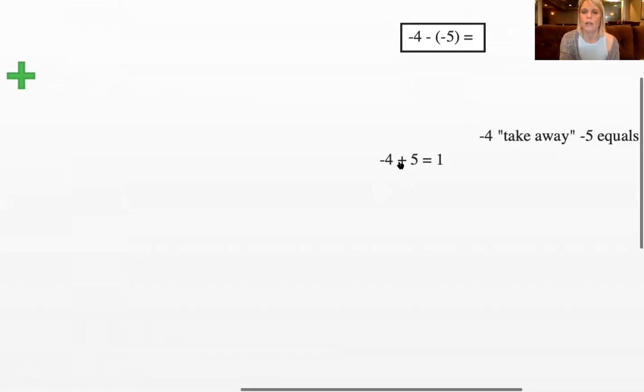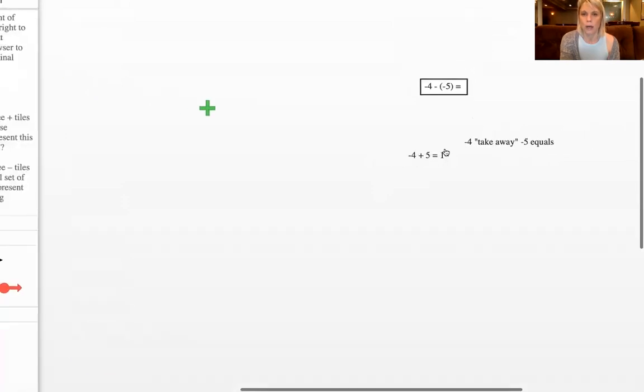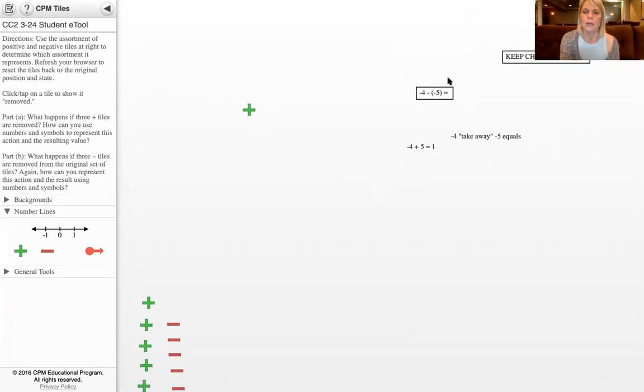Keep it -4, change to a negative sign, change to a -5. I can do that, but why would you do that? It makes a more difficult problem. So I suggest the only time you really need to use keep, change, change is when you have a subtraction problem to check your work. You still have to make a subtraction diagram though.